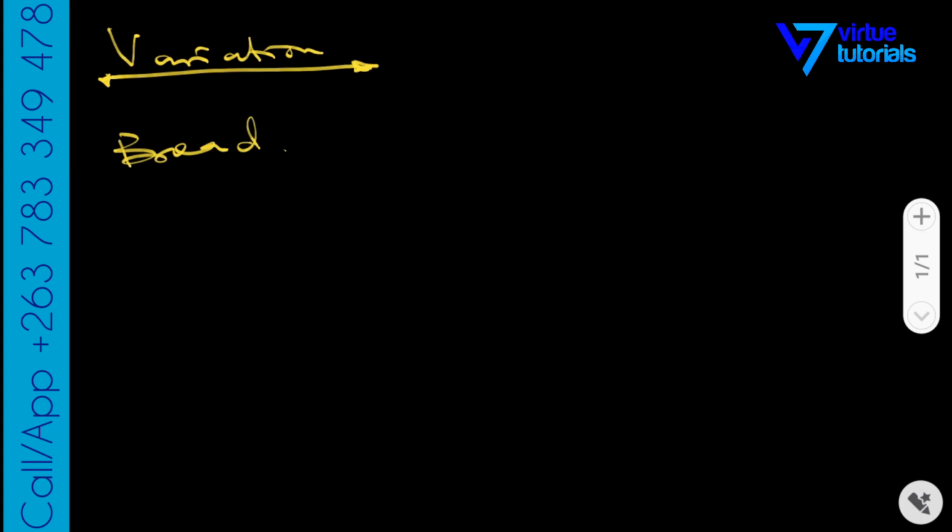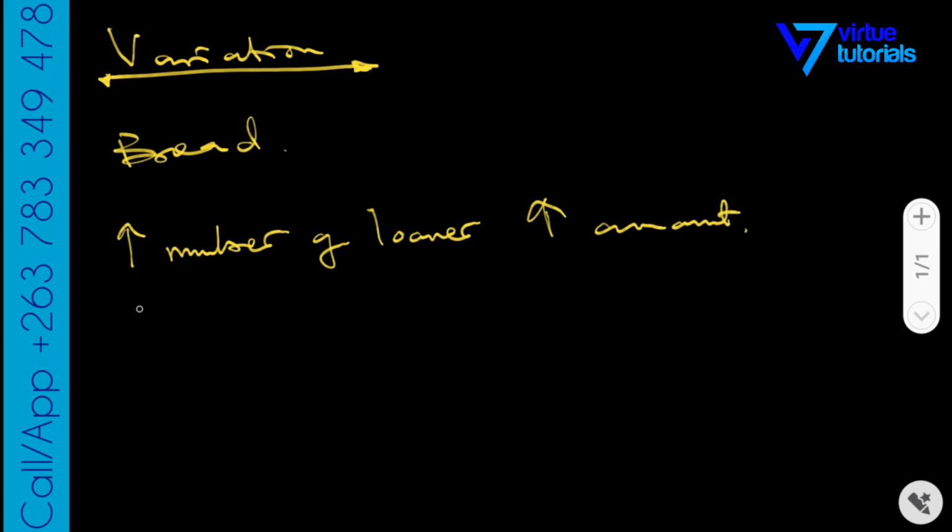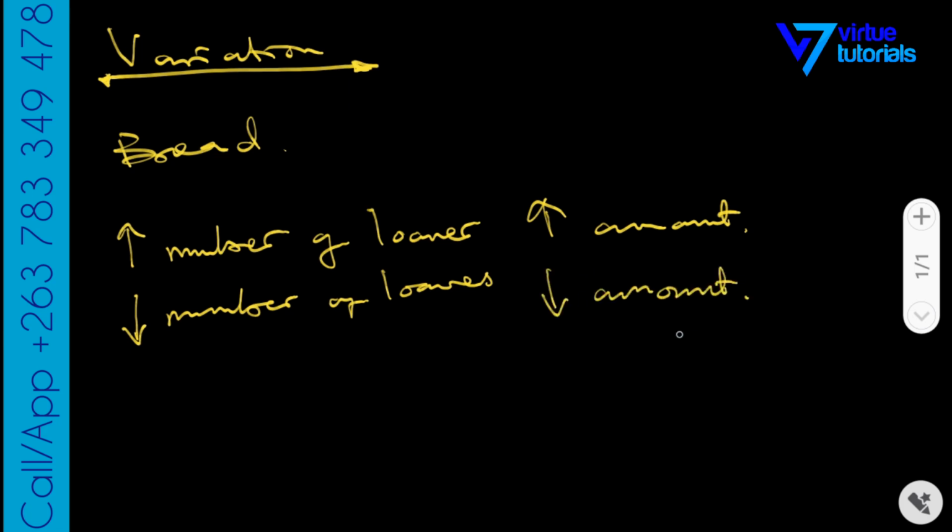Now, what do you know? If you increase the number of loaves you buy, the amount you have to pay also increases, right? If you reduce or decrease the number of loaves of bread that you take, the amount you have to pay also decreases.